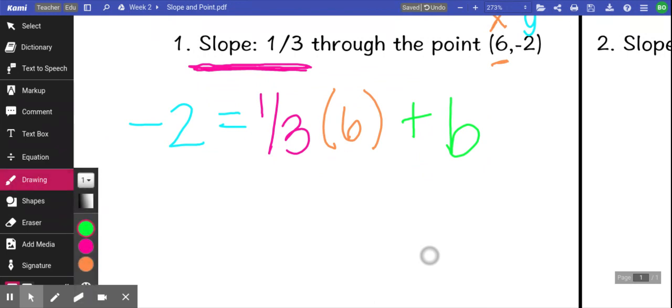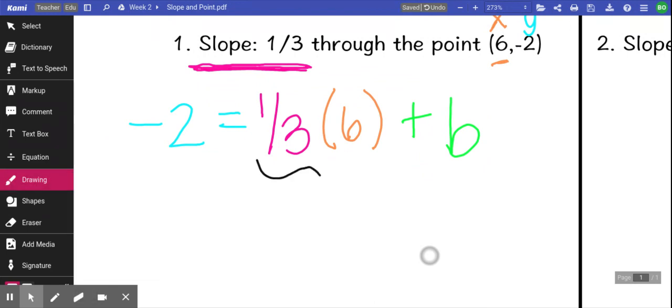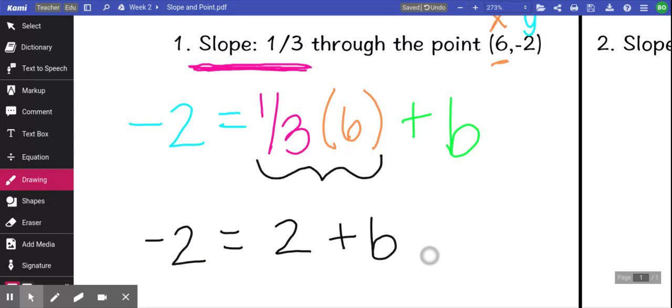The first thing I notice is that I have 1/3 times 6 here. I can simplify that down. So 1/3 times 6, or 6 divided by 3, you could think of it that way, is going to be 2. And then I'm just going to bring down this -2. There's nothing I can do with that just yet. And the plus b.